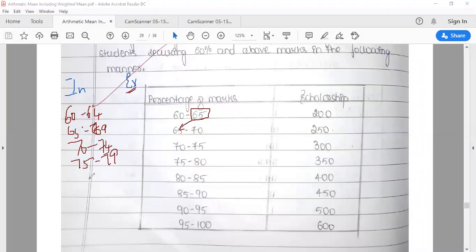If it was like this, then it is called an inclusive series. Now, how do we understand it's inclusive? Because we include both the lower limit and the upper limit. The first one is the lower limit and the next one is the upper limit. So this will be inclusive, and if you leave out the upper limit here, then it is called exclusive.